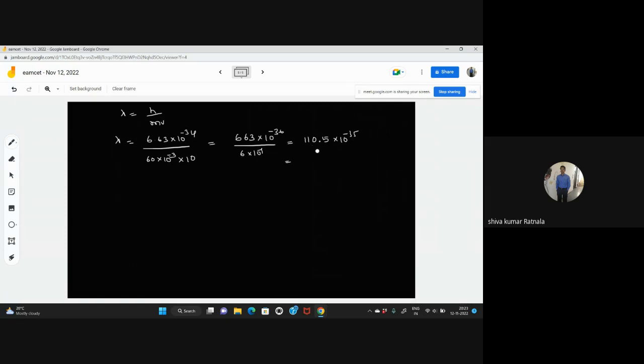That means in terms of 1.1 into 10 to the power of minus 33. You can solve, no, students?